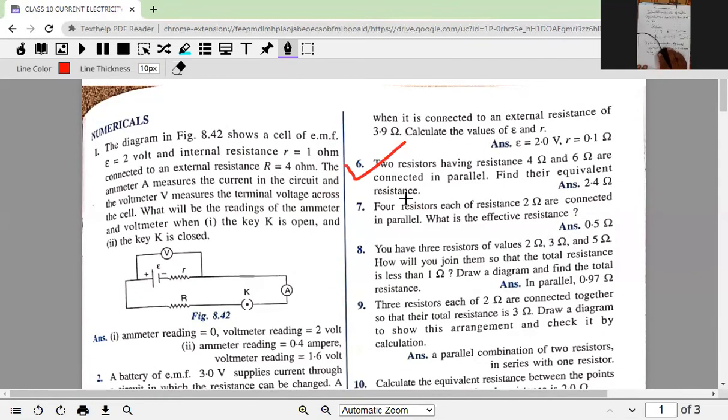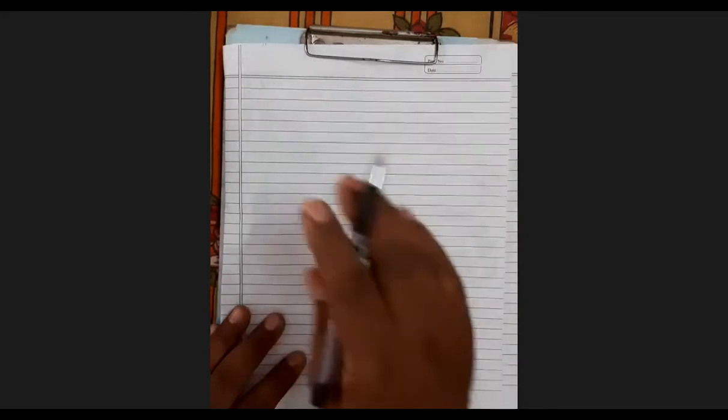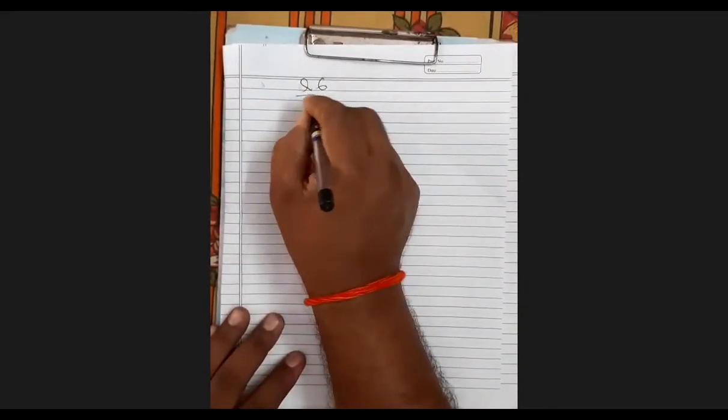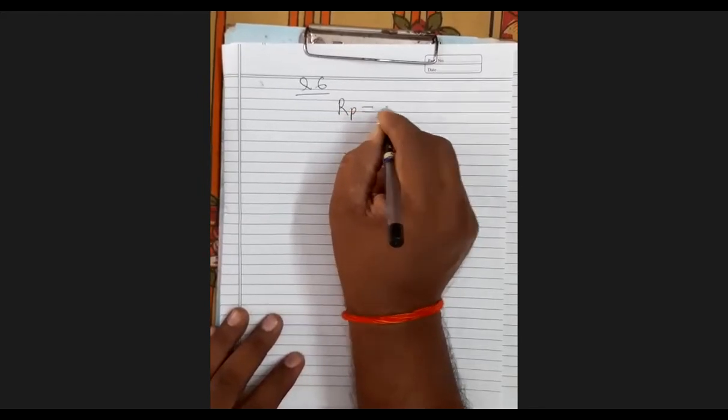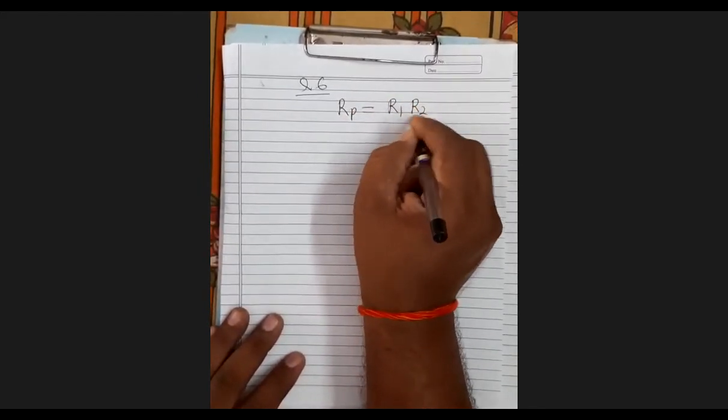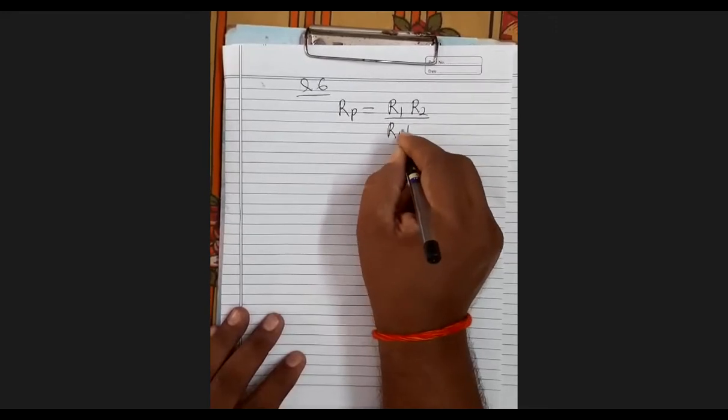Question number 6, you can see. Two resistors having 4 and 6 ohm are connected in parallel. Find their equivalent resistance. You can find it very simply. Which formula will you use? So Rp equals R1 into R2 upon R1 plus R2.